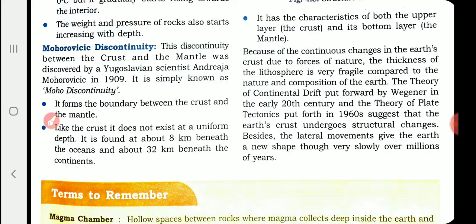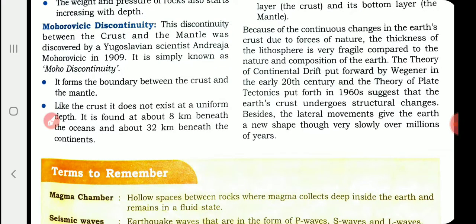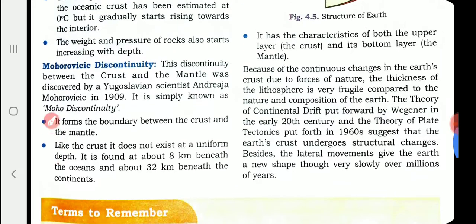So Mohorovicic and Gutenberg are the scientists who discovered this discontinuity or the interface. That is why their names are given to this discontinuity, the change of phases. Core-mantle interface, that is Gutenberg discontinuity. Crust-mantle interface, that is Mohorovicic discontinuity.